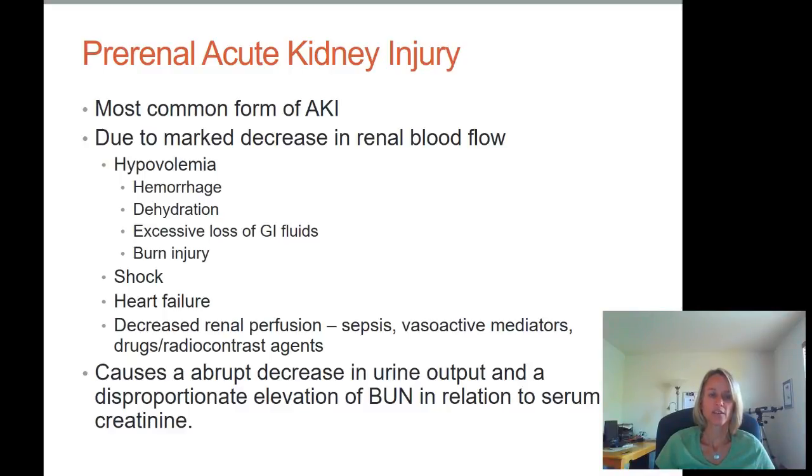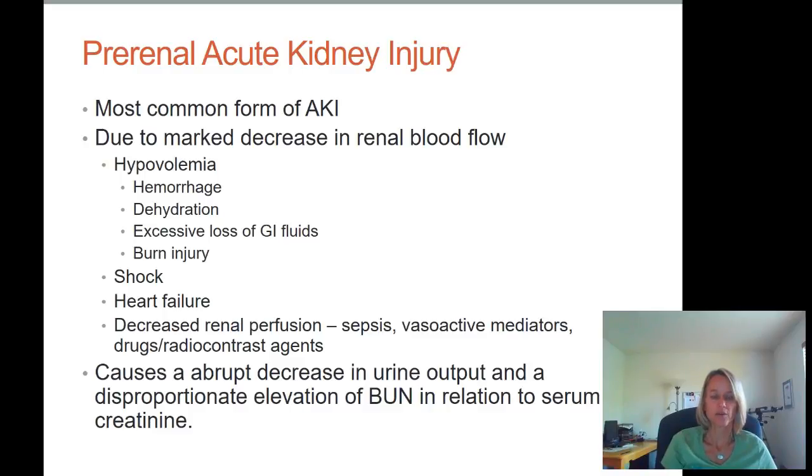Other things that can cause decreased renal perfusion include sepsis, so septic shock, vasoactive mediators, drugs, or radiocontrast agents. So the perfusion pressure, we're just not getting enough blood into the kidneys.